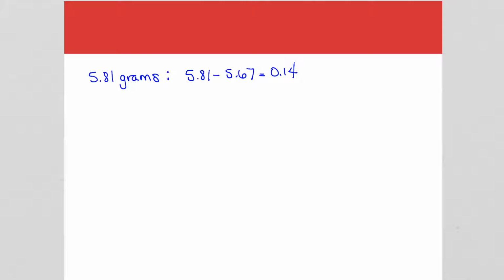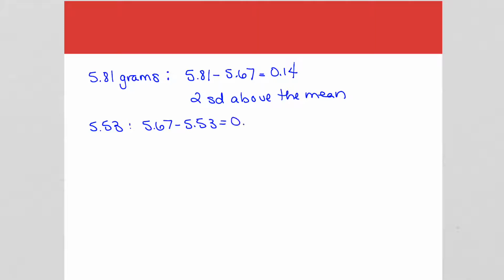So it's 2 standard deviations above the mean. And then 5.53: if we take our mean and subtract 5.53, we also get 0.14. So it's 2 standard deviations below the mean.